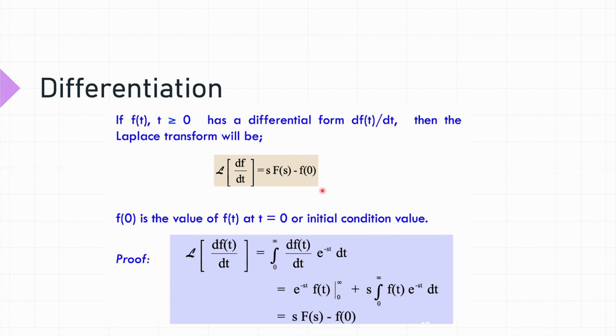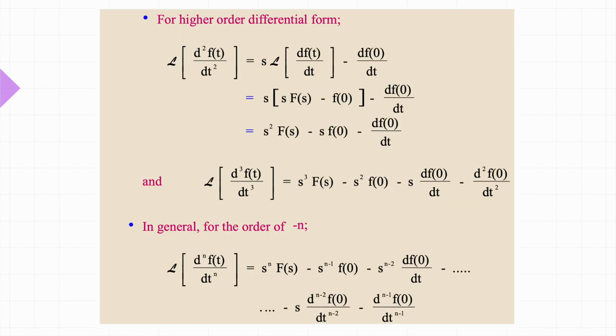For a second order differential, written as such in the time domain, in the s domain it can be written as s squared F(s) minus s to the power of 2 minus 1, so it becomes 1, f(0), minus s to the power 0 f prime.